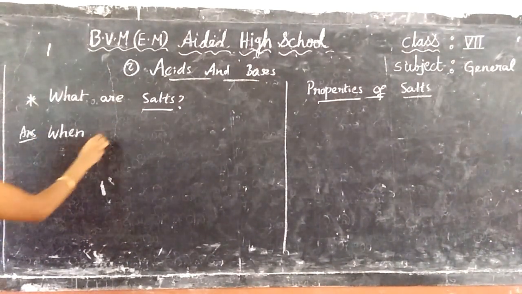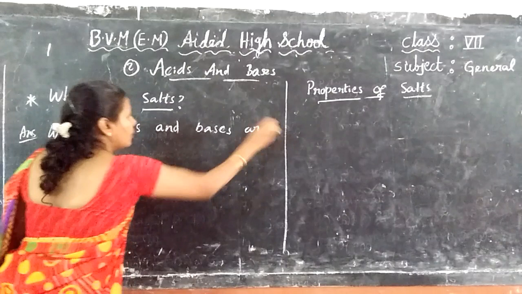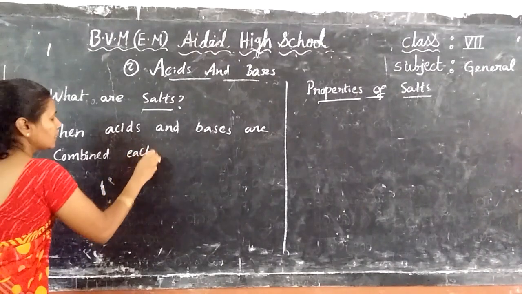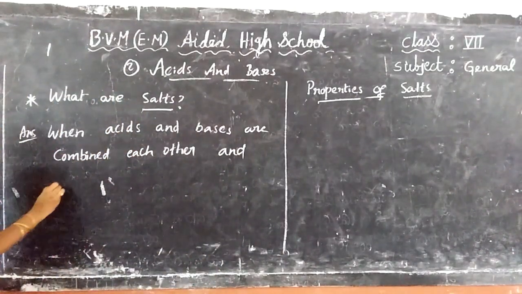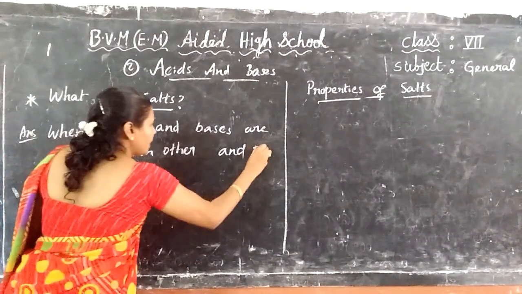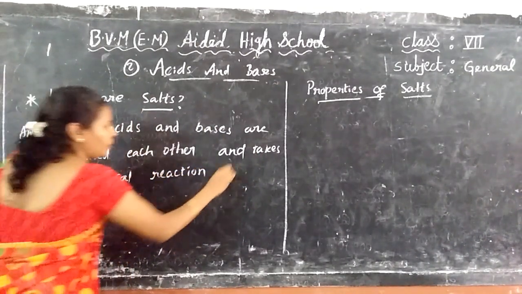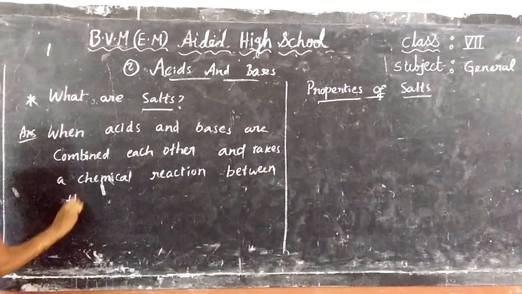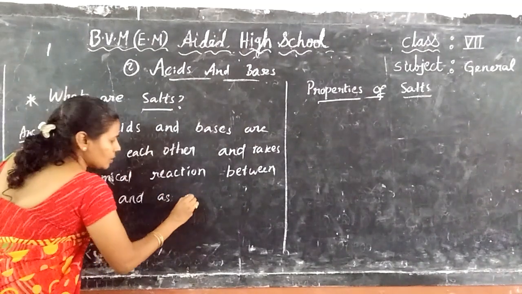What are salts? When acids and bases are combined to each other and a chemical reaction takes place between them, they form some compounds.